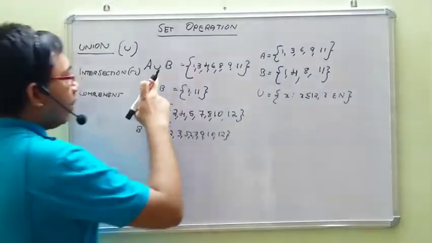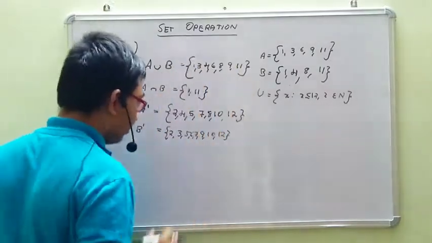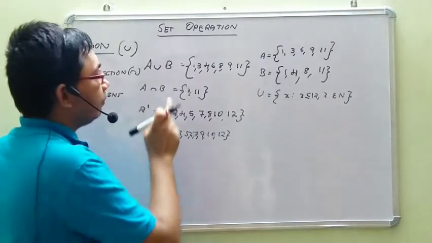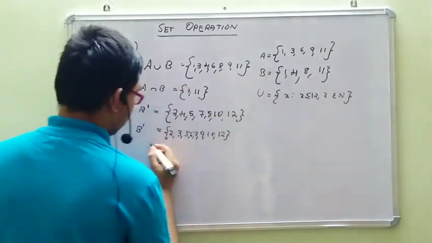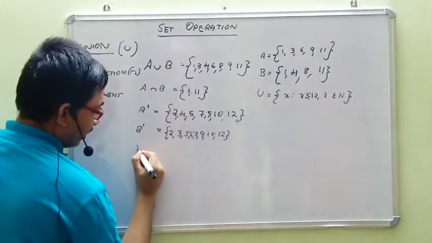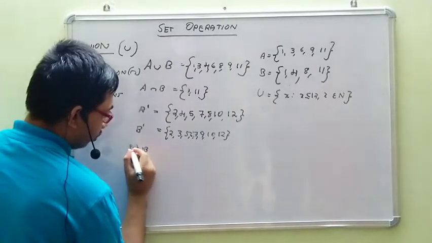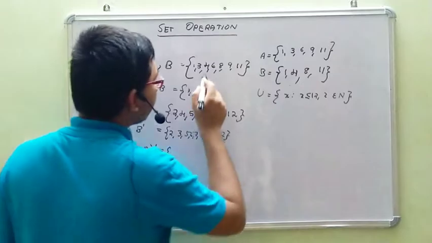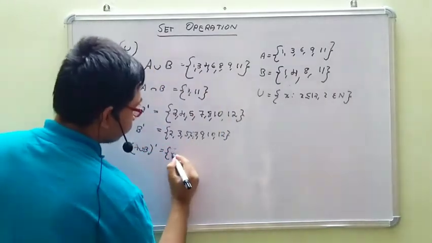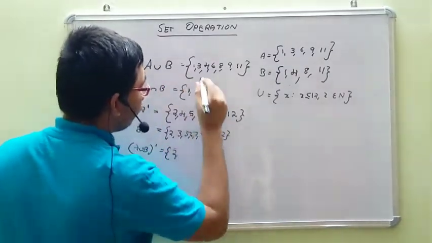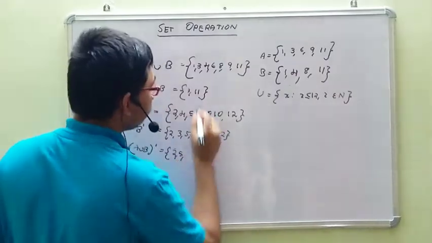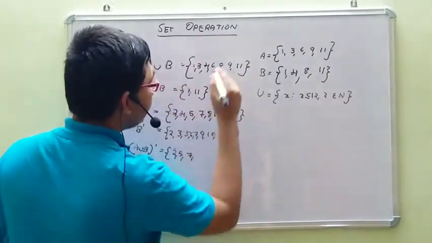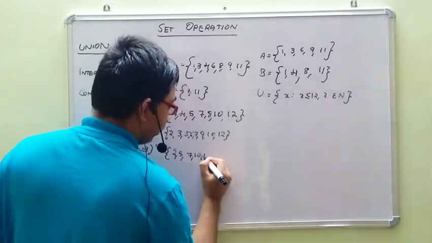When you take A union B complement, what will it be? A union B, the whole complement, will exclude these things. So 1 is not there, so 2, 3, 4 are here, 5, 7, 8, 9 are there, 10 and 12.